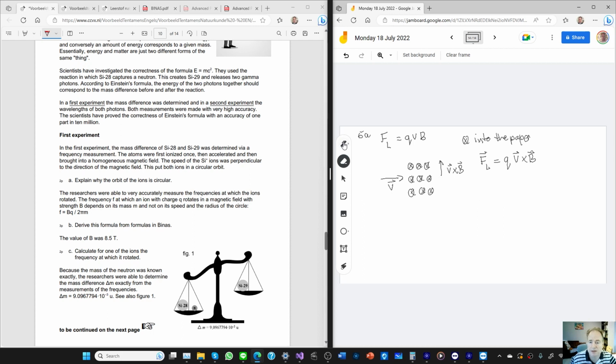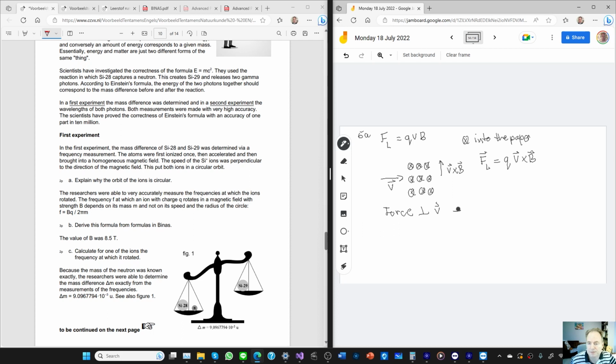But you can see the force is perpendicular to the speed, or the velocity, I would say.